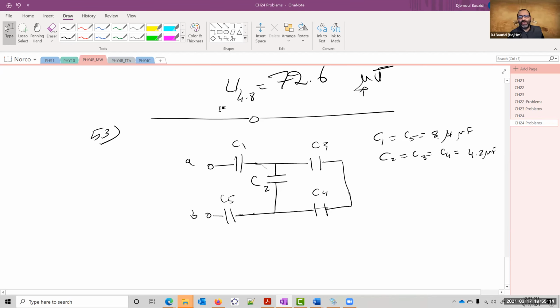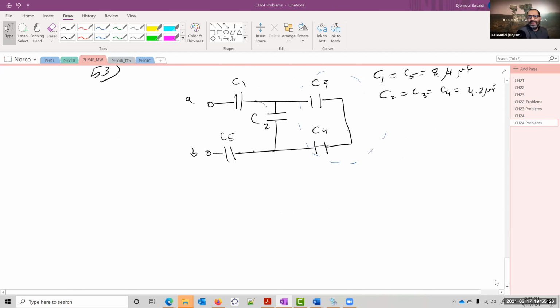Okay, again, the strategy is to look for the innermost. And the innermost is clearly this one, C3 and C4. And both of them are the same value. So if you do that, it's going to be simply their C equivalent. I'm going to write it in blue now. The C equivalent between 3 and 4, I'm going to call it C34, is going to be 1 over C3 plus 1 over C4, the whole thing to the -1.